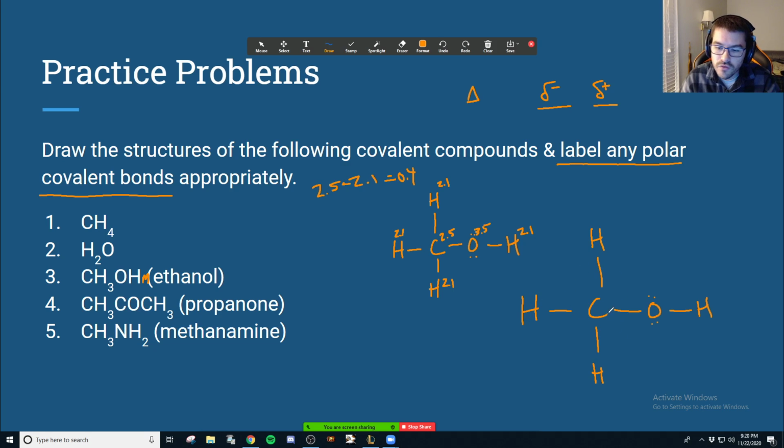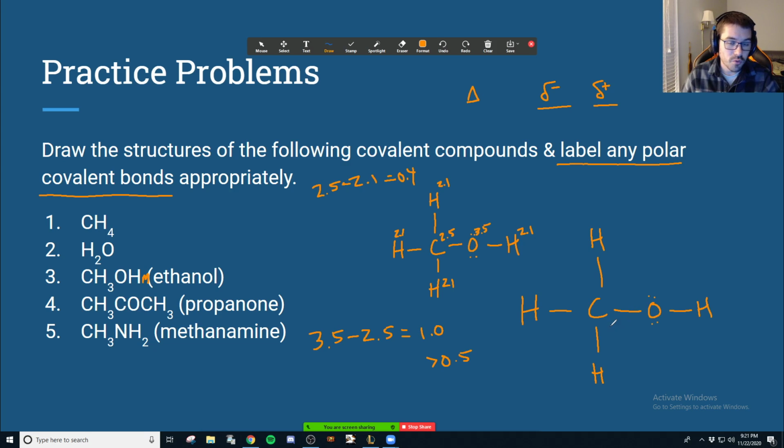Okay? Let's look at the carbon-oxygen bond, 2.5 and 3.5. Well, the difference there is 1.0. This does fit into that moderate category, right? This is greater than 0.5. So that means this bond here, these two electrons, are not being shared equally. They are getting pulled closer to one element than the other.